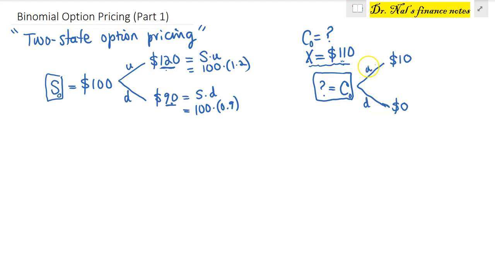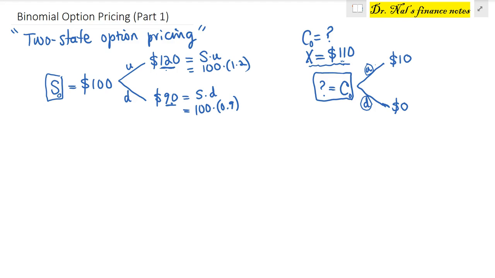So the probabilities of the up path or the down path are irrelevant, and that's perfect for us. The results are very general, and it directly helps us price call options, or put options for that matter. So how does it work?